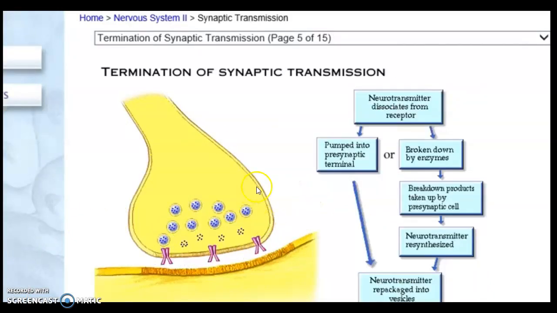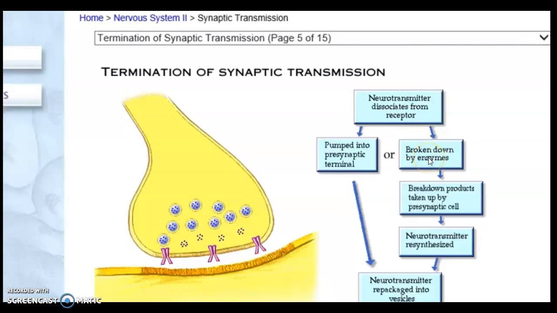Now, according to the type of neurotransmitter, there are a couple of things that can happen to it after it does its job of opening up the chemically gated channel. It can be broken down by enzymes. We actually saw that with the neuromuscular junction.